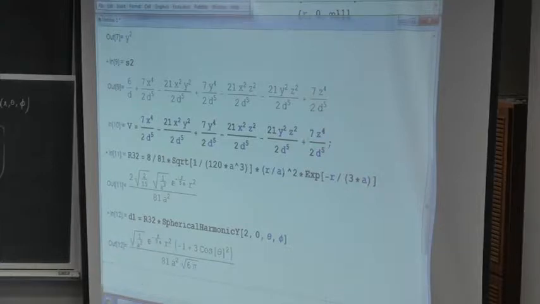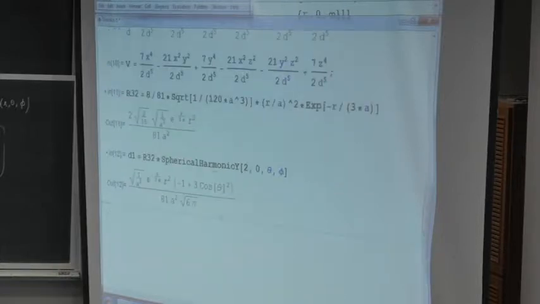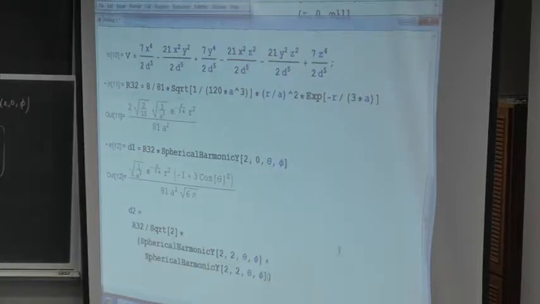Now I need to find d2. So what I do is copy this. My d2 is defined as R32 divided by square root of 2, into the sum of two spherical harmonics. One has an m of 2, the other has an m of minus 2.